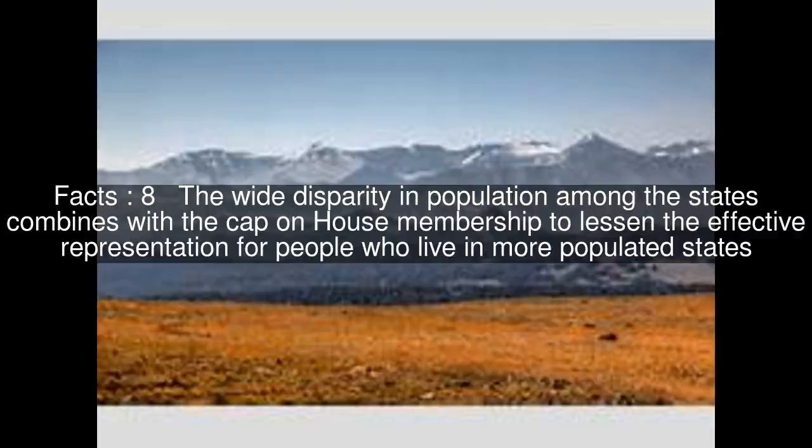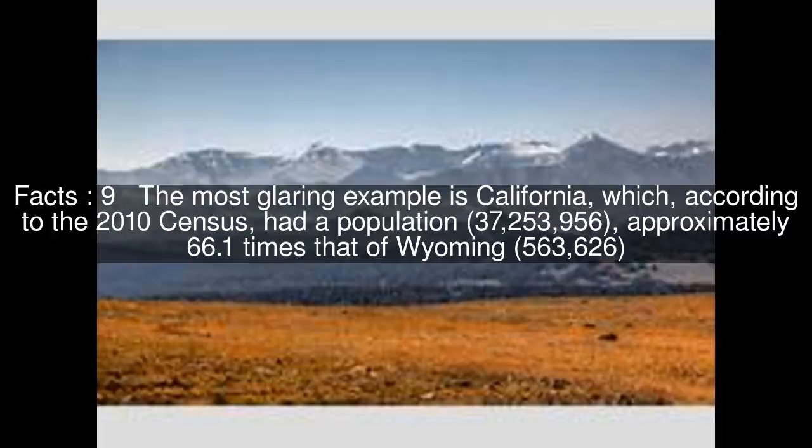The wide disparity in population among the states combines with the cap on House membership to lessen the effective representation for people who live in more populated states. The most glaring example is California, which, according to the 2010 census, had a population of 37,253,956, approximately 66.1 times that of Wyoming, 563,626.